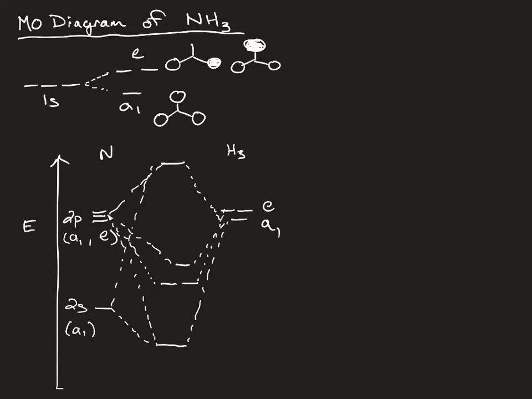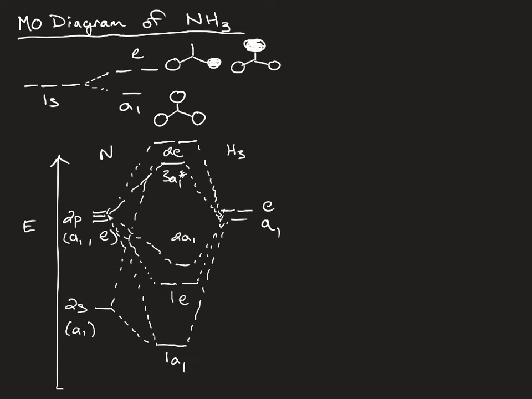That can overlap like that. So you have your 1A1, your 1E, your 2A1, your 3A1 star, and your 2E orbitals.